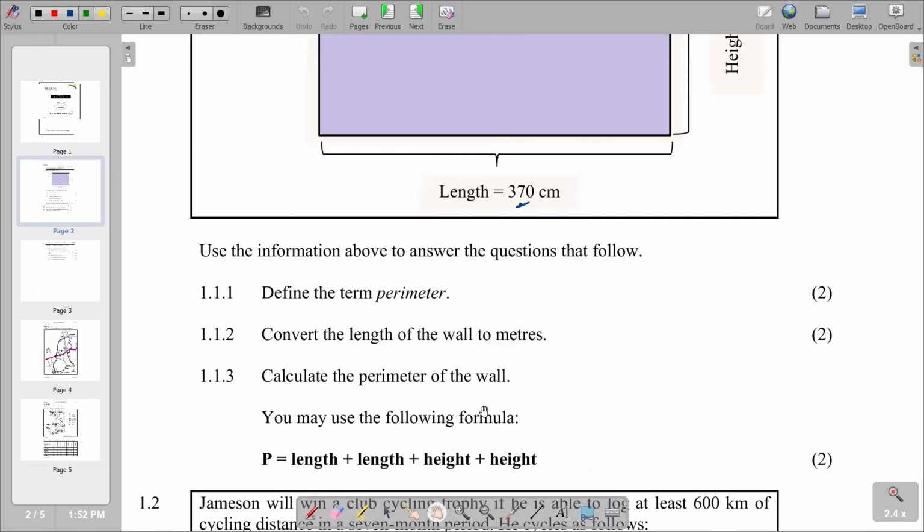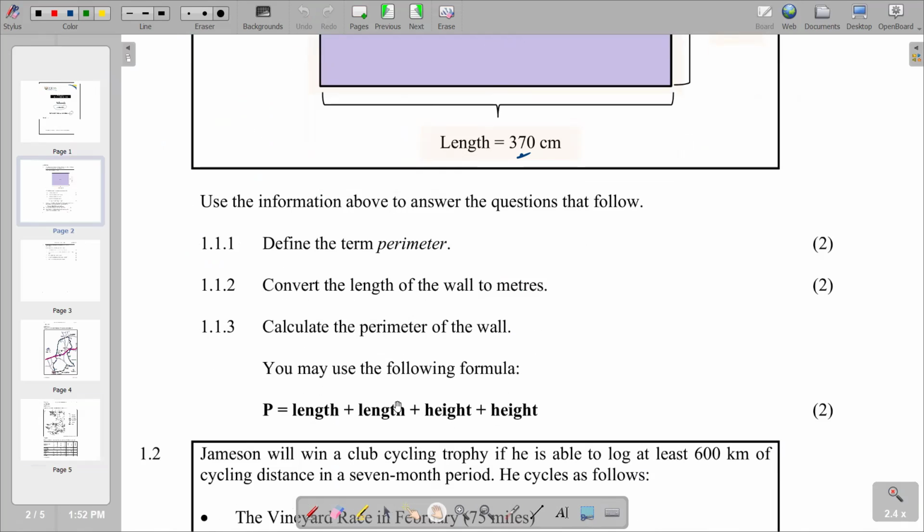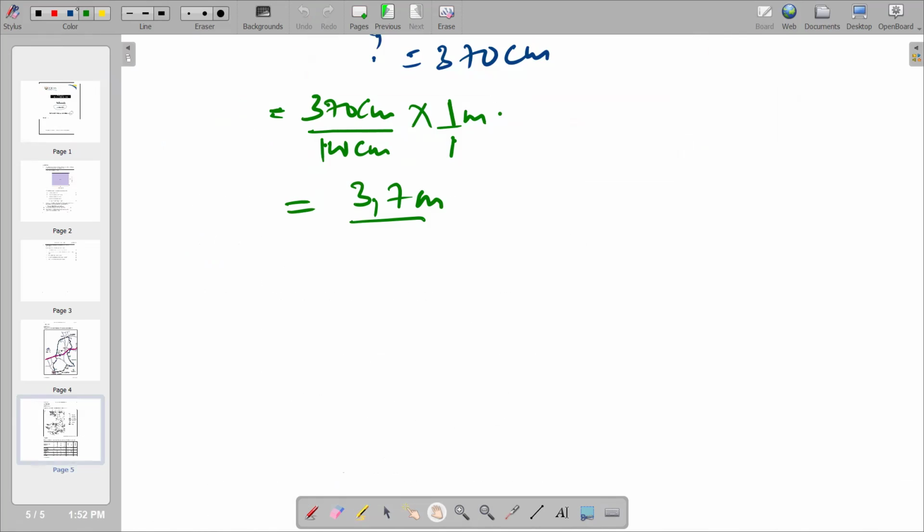To calculate the perimeter of the wall, you may use the formula: perimeter is equal to length plus length plus height plus height. So we can start by putting down our formula, 1.1.3, and we are calculating the perimeter.